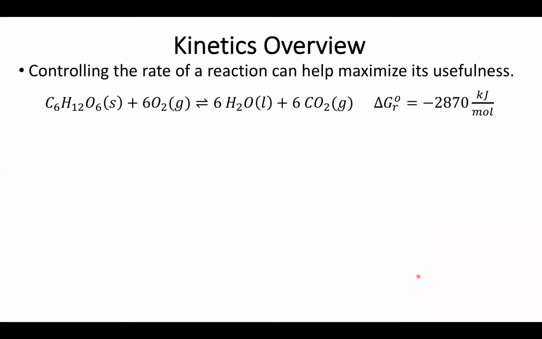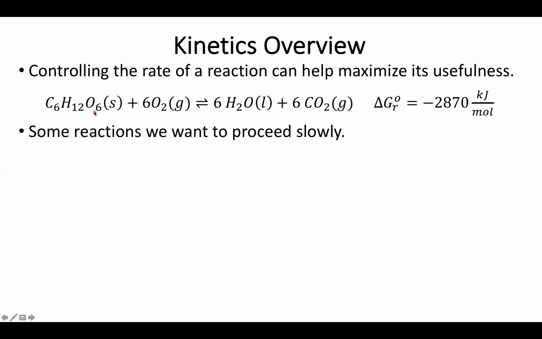And one of the big things that we're going to be building up to in this chapter is looking at ways we control the rates of reaction. Because again, even if I have a reaction, sometimes I'm going to want to make it go fairly slowly. In this case, I'm looking at the combustion of sugar. So this is essentially burning sugar.